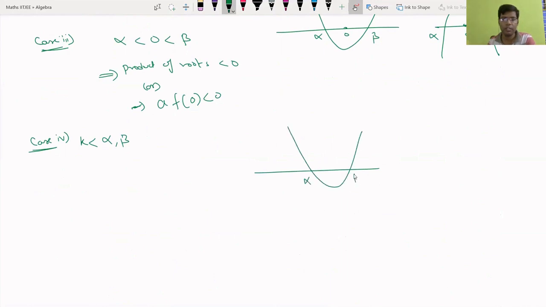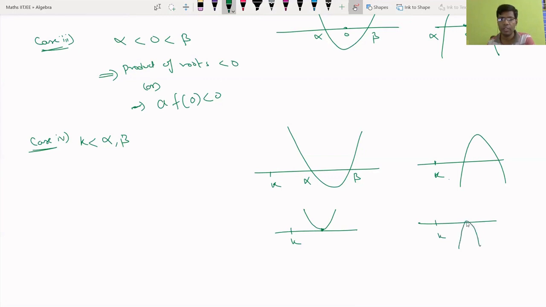My k in the previous case was 0, but here I'm taking a general term. So this is k. Obviously, I can also have like this. This is k, and I have one root over here. It's touching at one point. So that is also possible, provided alpha and beta both are same. And this is another possibility where it is touching at only one point.